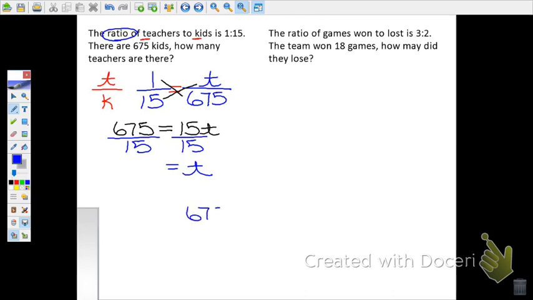So 675 divided by 15. 15 doesn't go into 6. How many times does 15 go into 67? 4 times. 4 times 15 is 60. How many times does 15 go into 75? 5 times.